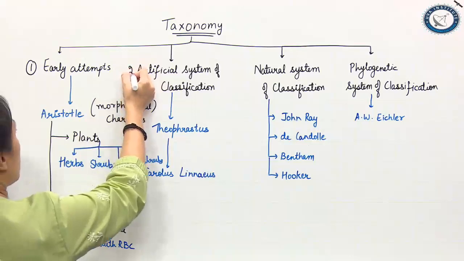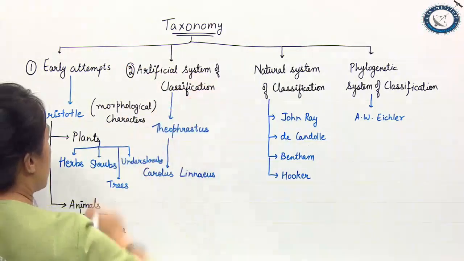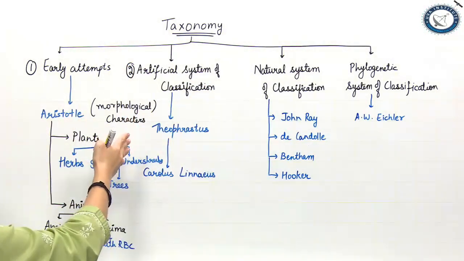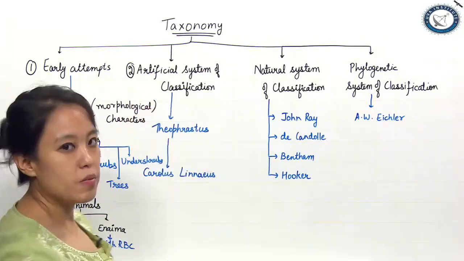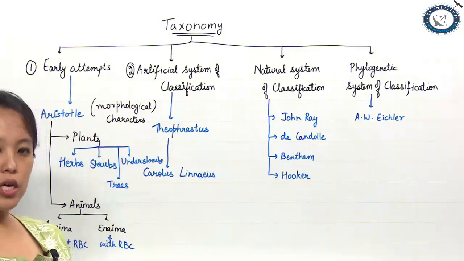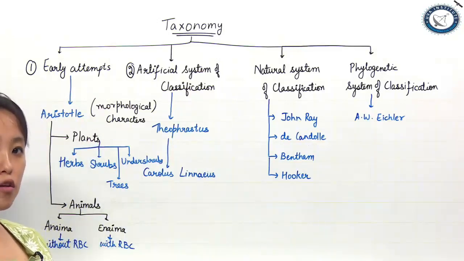Now we will come to the artificial system of classification. As you can see, the artificial system of classification was first initiated by Theophrastus.